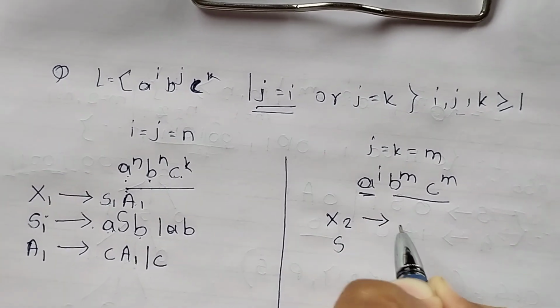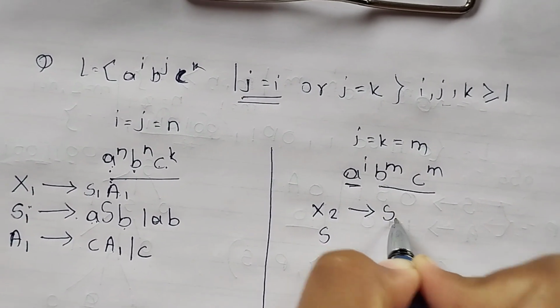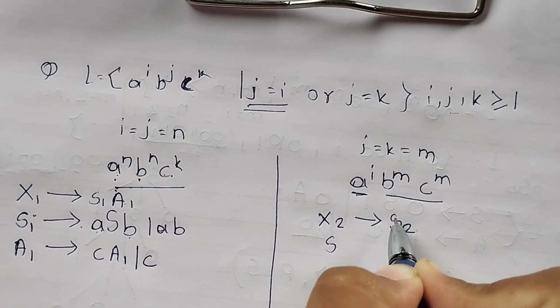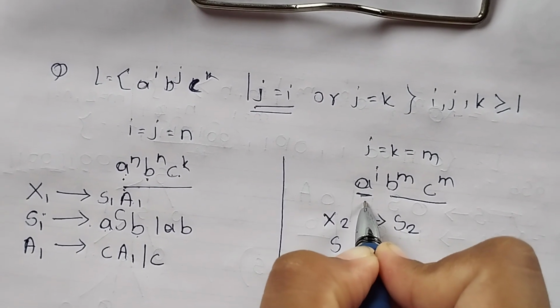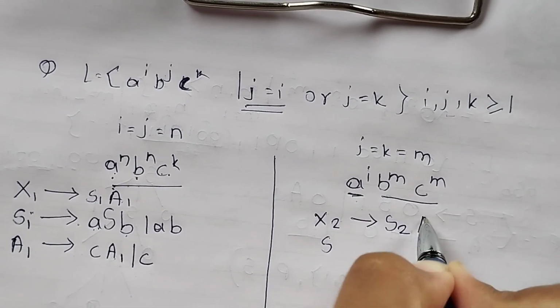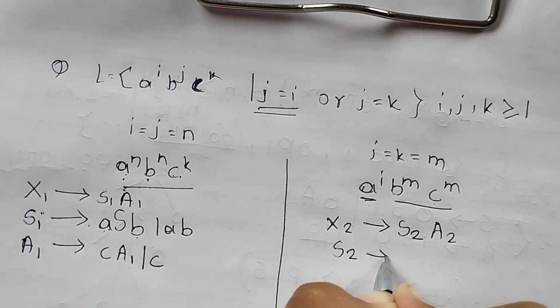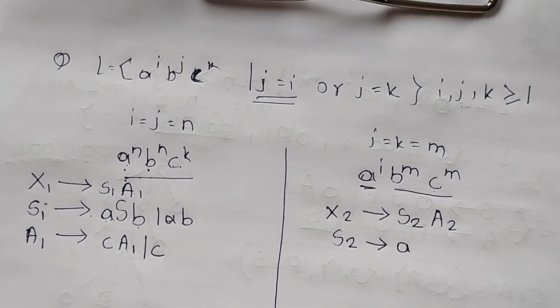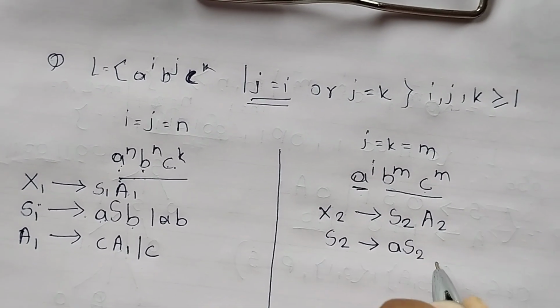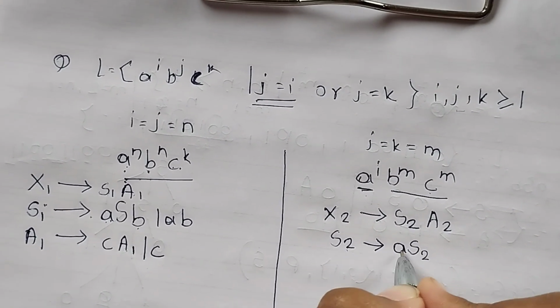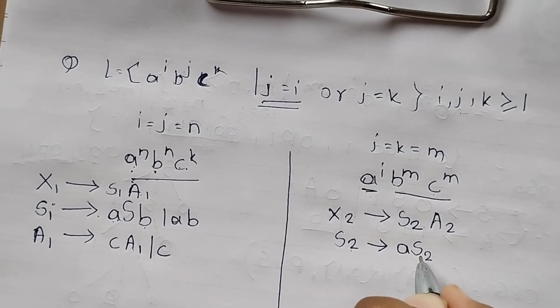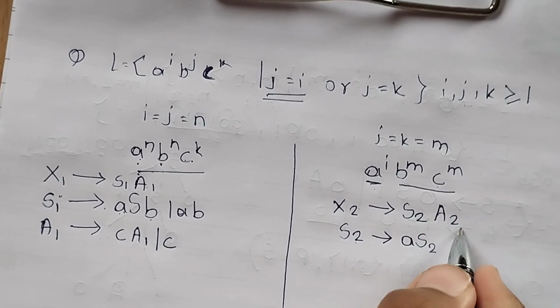So again I write one production for this combination, one production for this, and for both combinations my starting production is X2. So X2 reads S2; I initialize this S2 for the a production and A2 for the second production. So the S2 production reads n number of a, S2. This a can be repeatedly read by this S2 or A2.